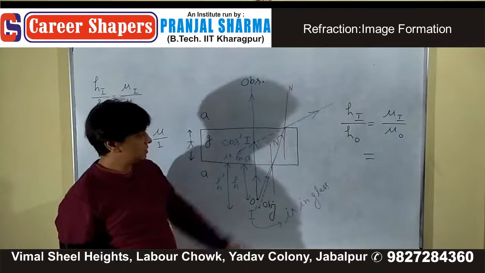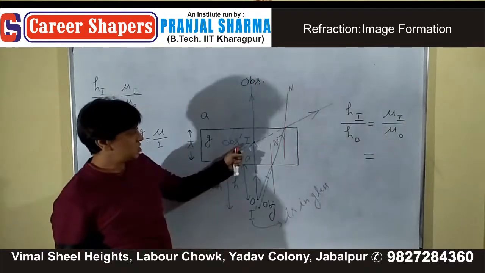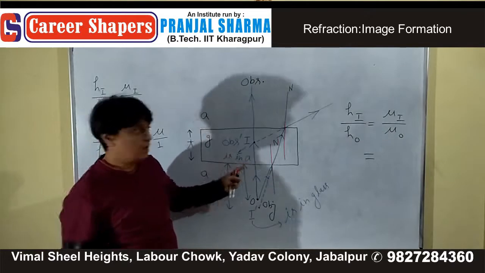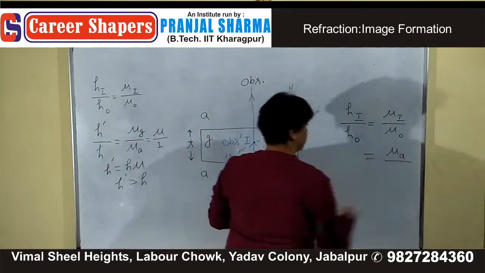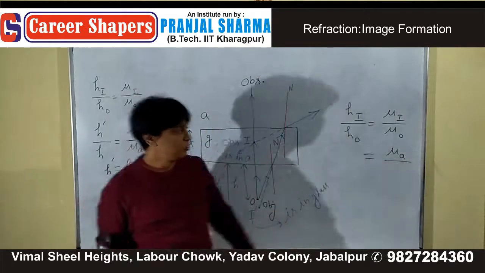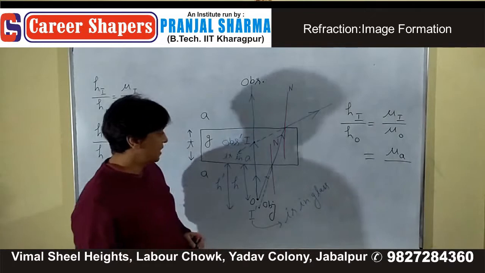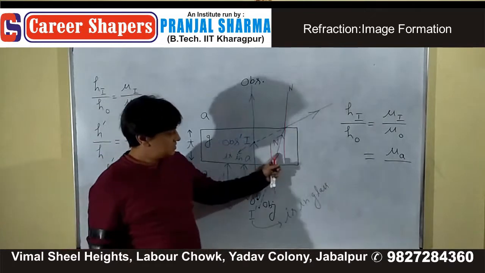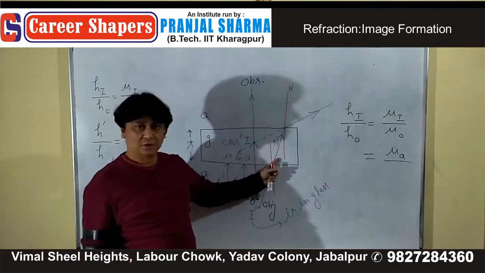If you look at the image part, this is your image which is in air, and therefore mu image becomes mu air. Immediately you know that mu object should become what? Mu glass. But let's verify it. These two are incident rays.